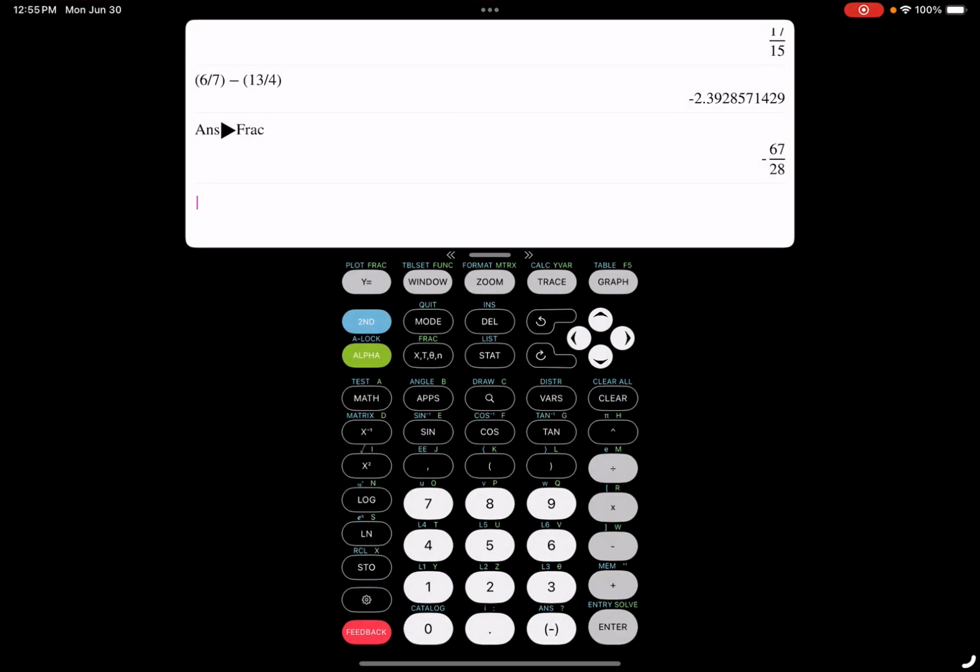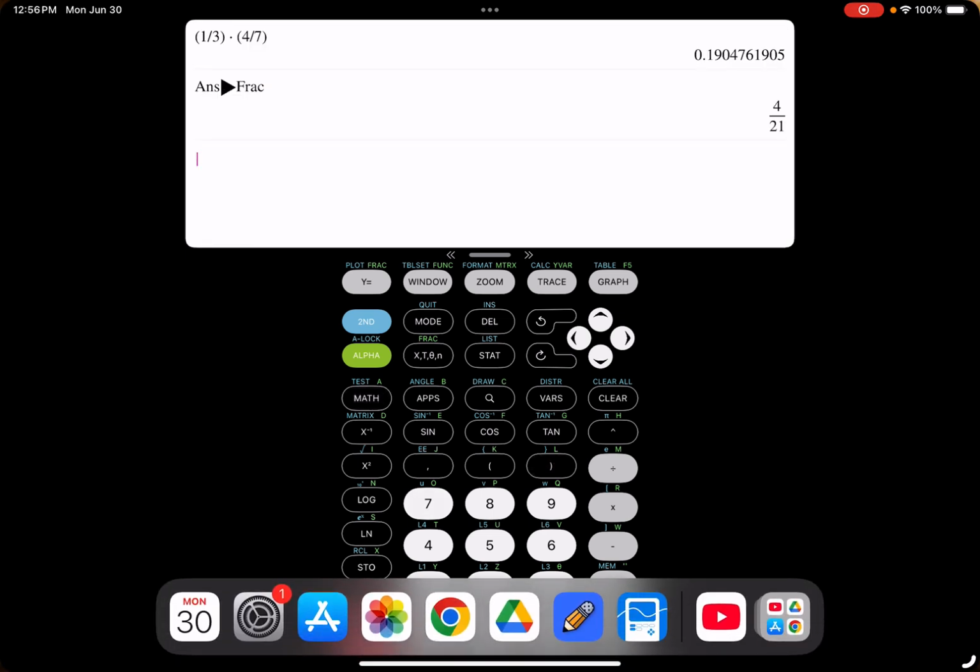So 1/3. Hit the times button, and you'll notice that on a lot of calculators, it replaces that X with a dot. We are not going to use the X to write multiply. We're going to use the dot. So 1/3 times 4/7. Hit enter, hit math, enter, and I get 4 over 21.